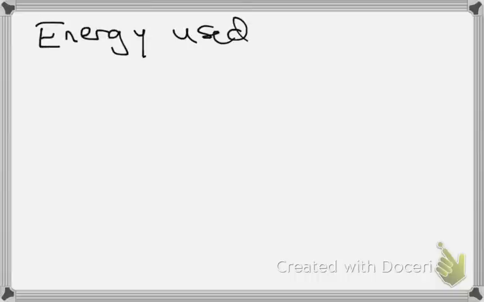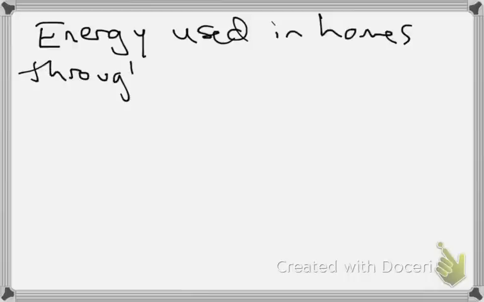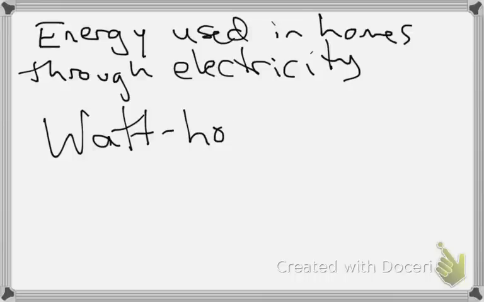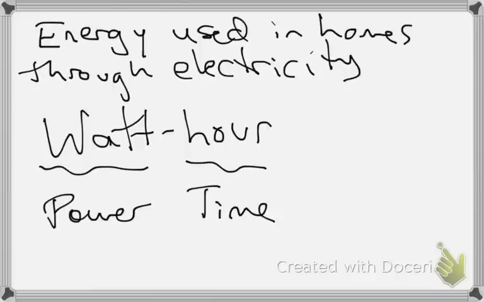Now, the electric company has a funny way of measuring energy. So energy used in homes through electricity is measured in a funny unit called a watt-hour. Now remember that watts are a unit of power, and hour, of course, is a unit of time.